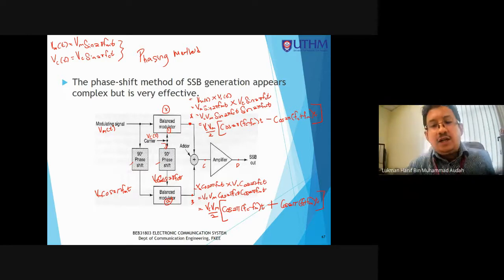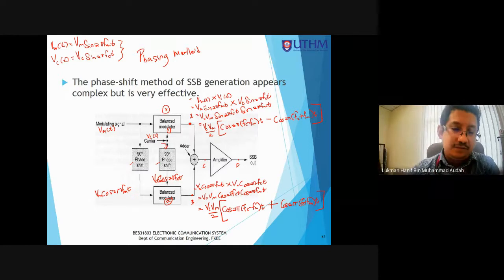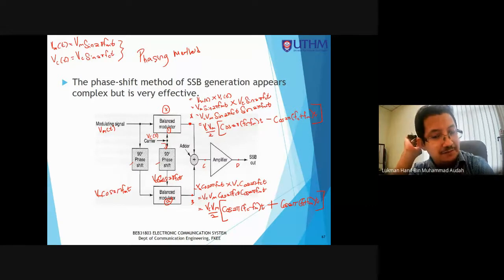So ini adalah persamaan yang dihasilkan pada point B. So pelajar perlu terbitkan yang inilah. Okay. And then what? What happened at point C?